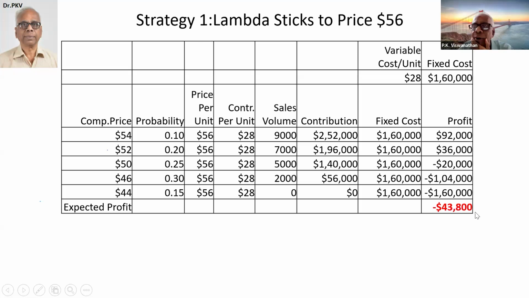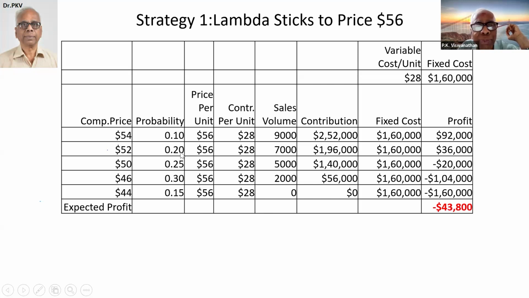So the expected profit, how do I do? 0.1 into $92,000 because competitor price of 54 occurs 10% of the time. 0.1 into $92,000, 0.2 into 36,000, 0.25 into minus 20,000, 0.3 into minus $104,000, 0.15 into minus $160,000, and then you add all of them because when the probability is added to 1, the weighted average cash flow, it is not adding all these numbers.